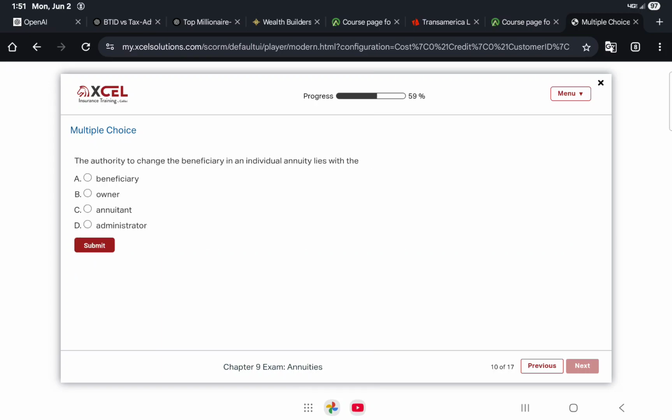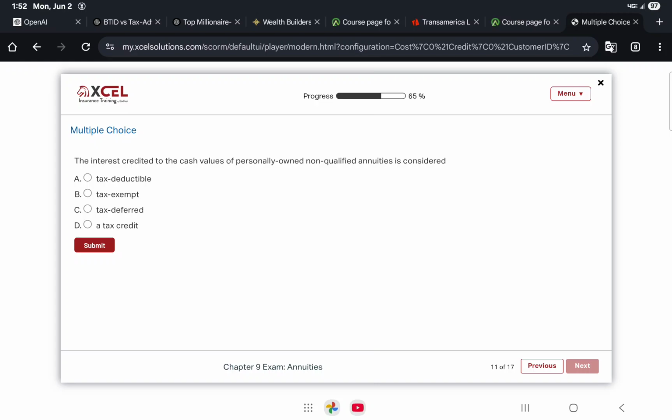The authority to change the beneficiary in an individual annuity lies with the owner. The owner, for whether it's life insurance or annuities, only the owner can really make that kind of a change, unless there's some holds or some conditions to it, like an irrevocable beneficiary. But in this case, most policies or contracts, the owner has the right to make the decisions.